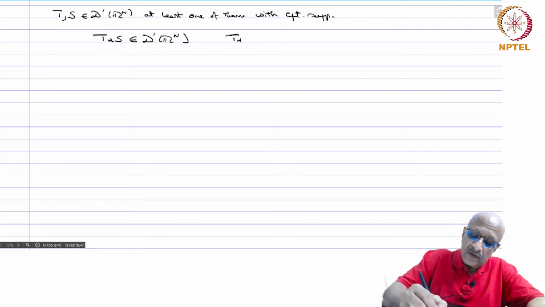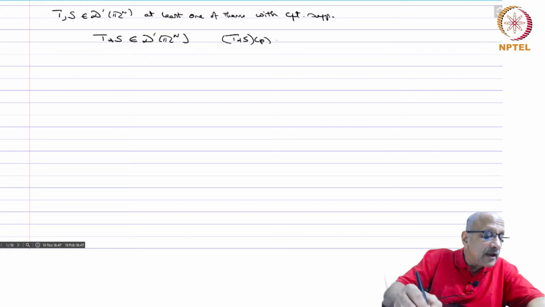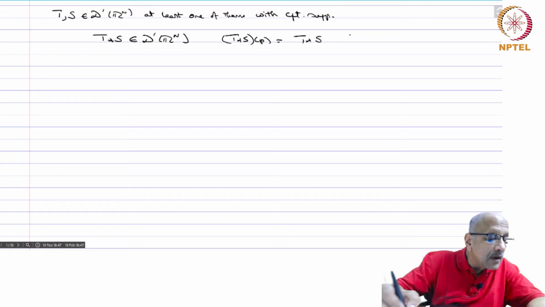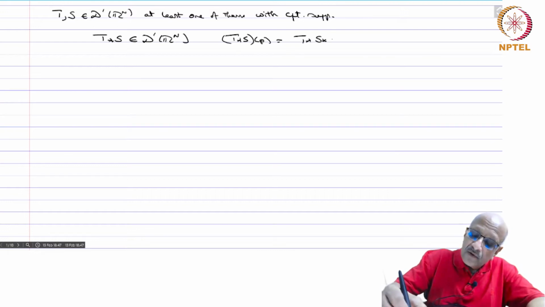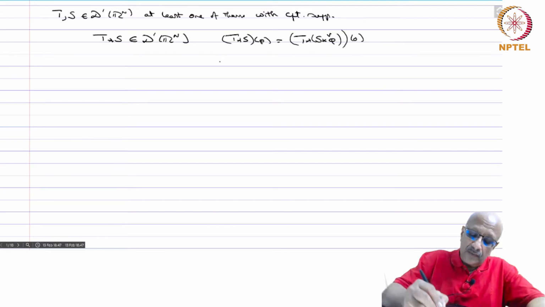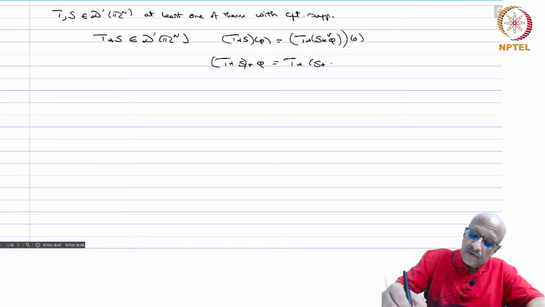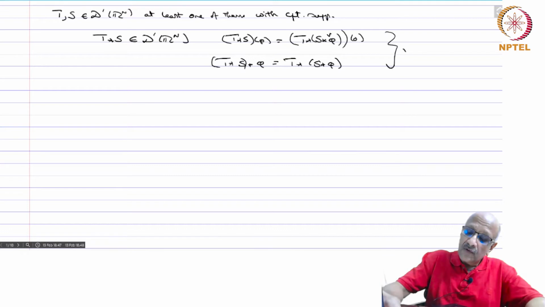T star S acting on phi is T star (S star phi tilde) evaluated at 0, and (T star S) star phi is equal to T star (S star phi), and both these for all phi in D of Rn.